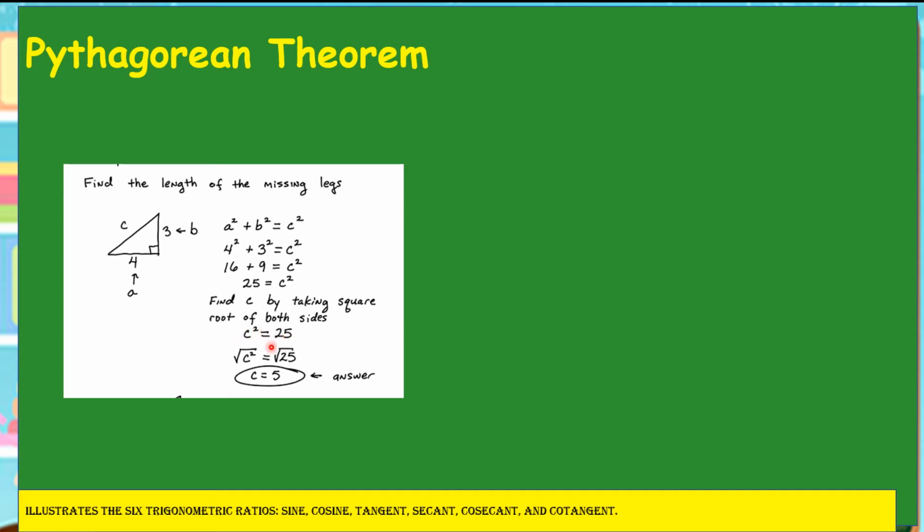The square root of c squared is equal to the square root of 25, and the answer is c is equal to 5. So we have the value of the unknown side, the hypotenuse c.